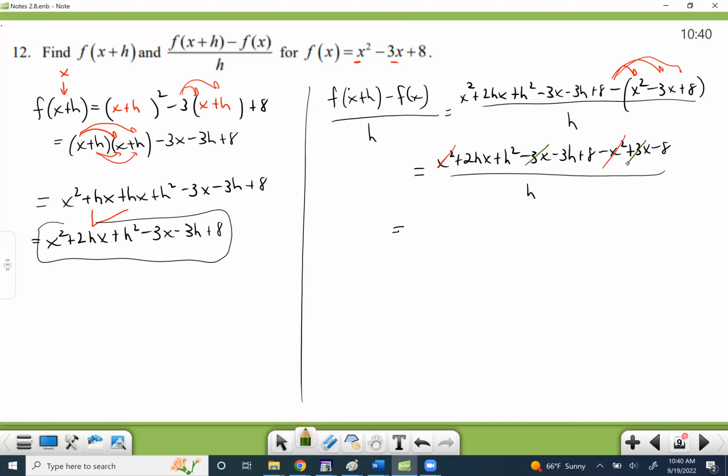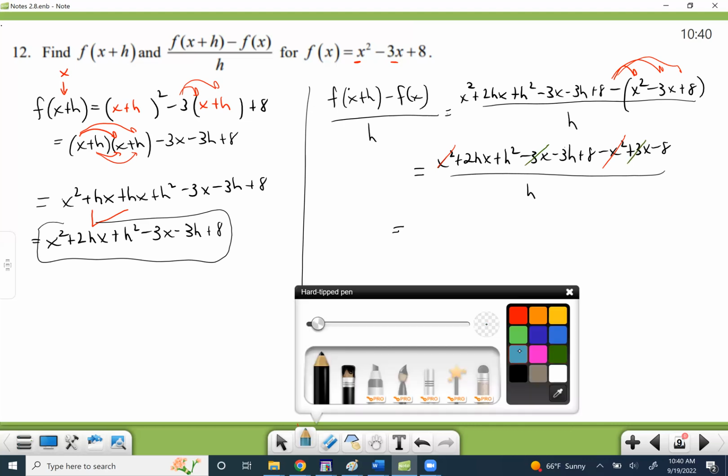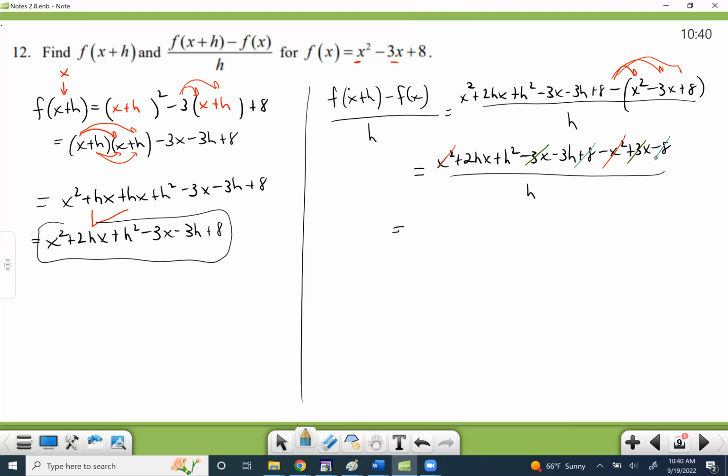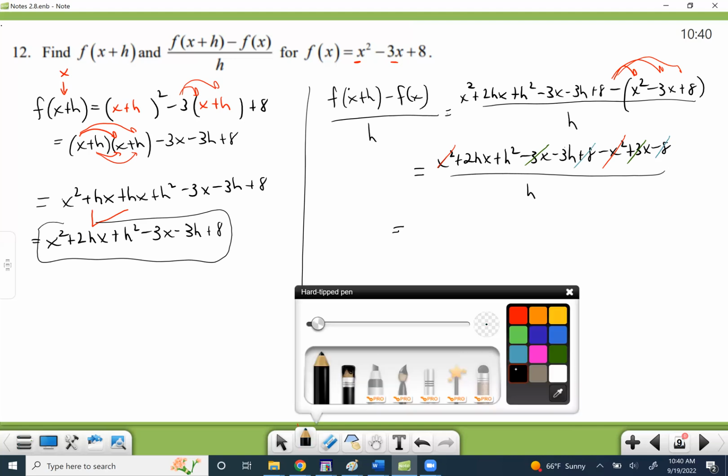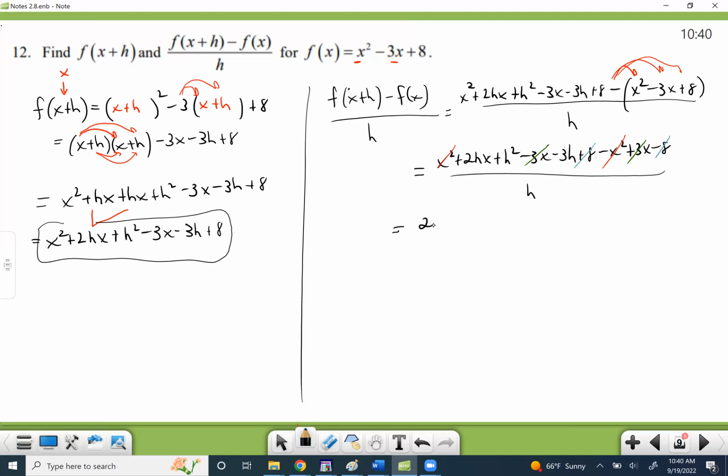Negative 3x, positive 3x. Positive 8, negative 8. So I think that what we have left is 2hx plus h squared plus 3h, all over h. So every single term in the numerator that's left over has an h in it. That means we can factor an h out of all of them, since each one of them has at least one to contribute. So here's what is left if we take an h out.